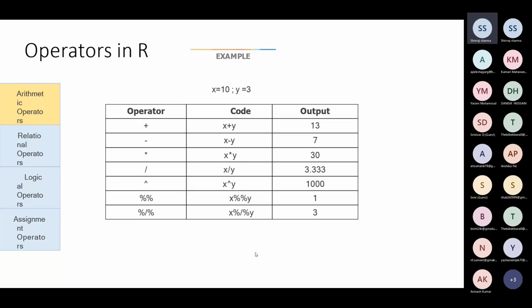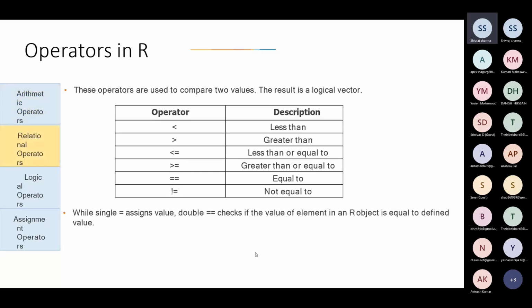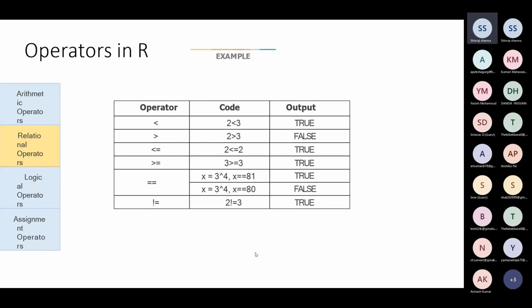Next we have the example for the arithmetical operation, as you all know. Next, the relational operators. Relational operators we also see in SQL, that is less than, greater than, less than or equal to, greater than or equal to, equal to, not equal to, like that. Here is an example.